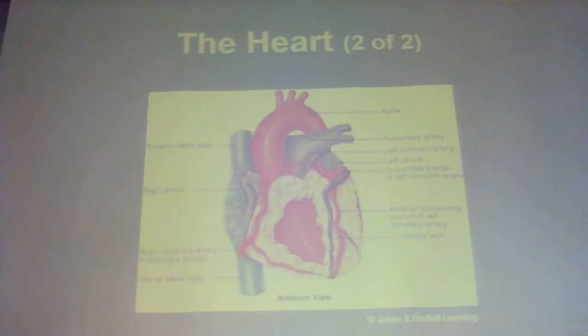Big blue blood going into the what? Right atrium. Then it goes through the tricuspid valve, which is the next line down, into the right ventricle.